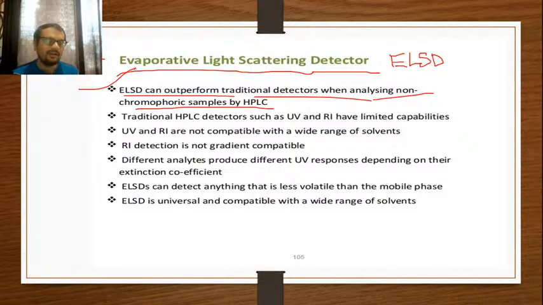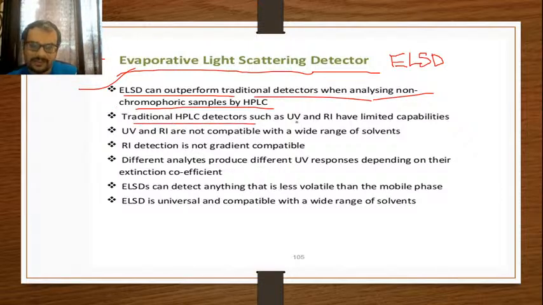As we have come to know, there are certain characteristics with which we have to choose between detector systems, because UV requires a chromophoric sample, fluorescence requires a fluorescent sample, and RI and electrochemical detectors require electrochemical reactions. ELSD is a detector system which is helpful in case of non-chromophoric samples.